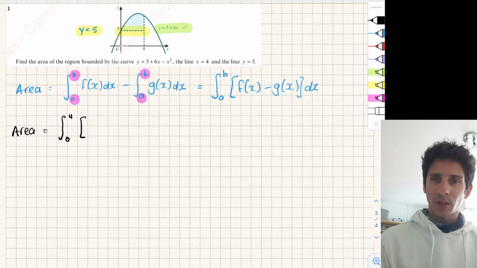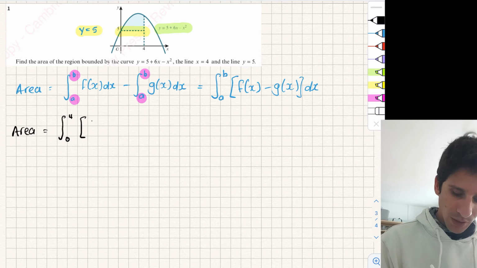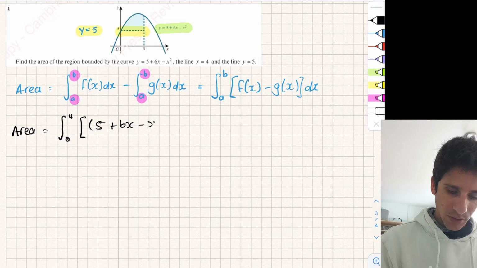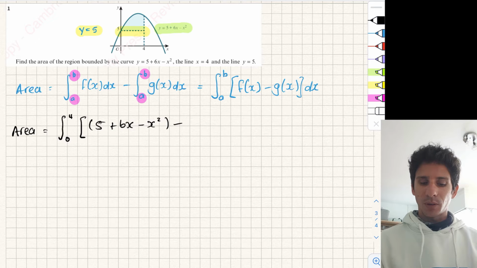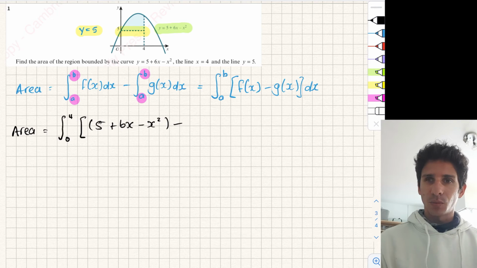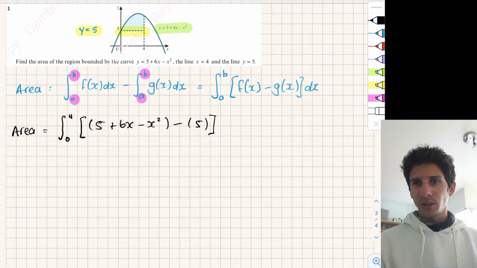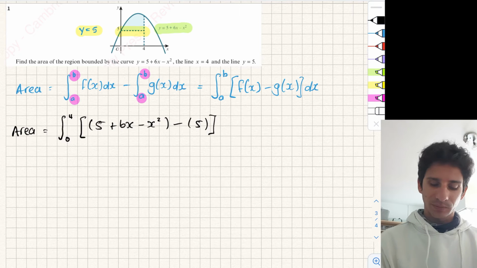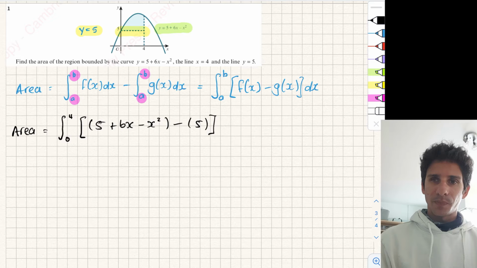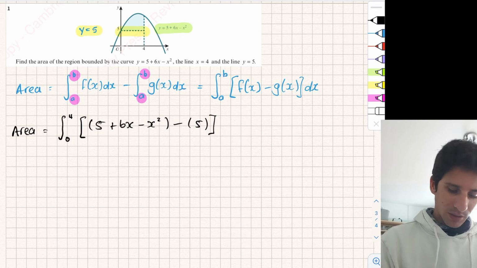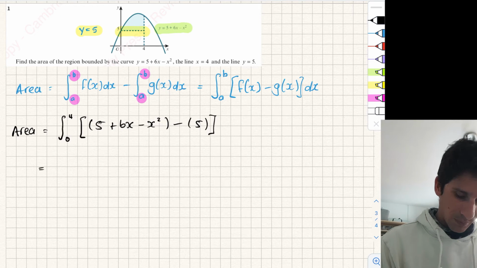The top function we can clearly see is the curve, so this is going to be 5 plus 6x minus x squared, and we're going to take away that bottom function, which is just y equal to 5, so we take away 5. That's g of x. Before we integrate, we're going to simplify the inside of this bracket and rewrite it neatly.